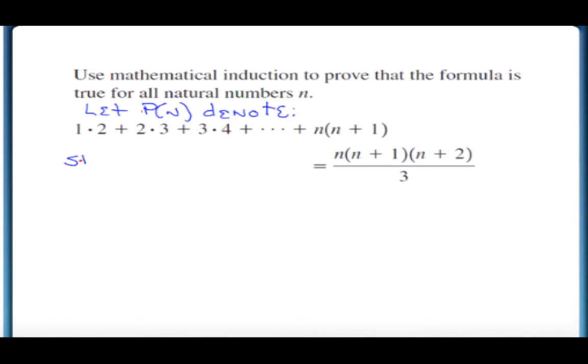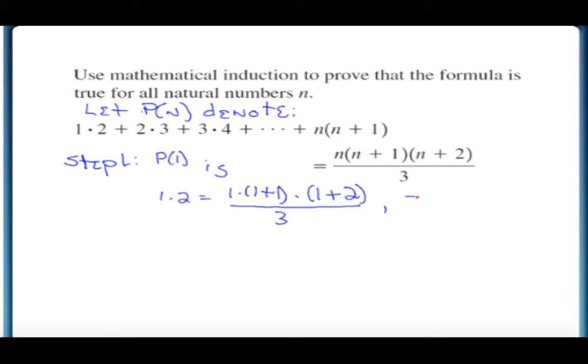And step 1, P of 1 is the statement that 1 times 2 equals 1 times 1 plus 1 times 1 plus 2 divided by 3, which is true.